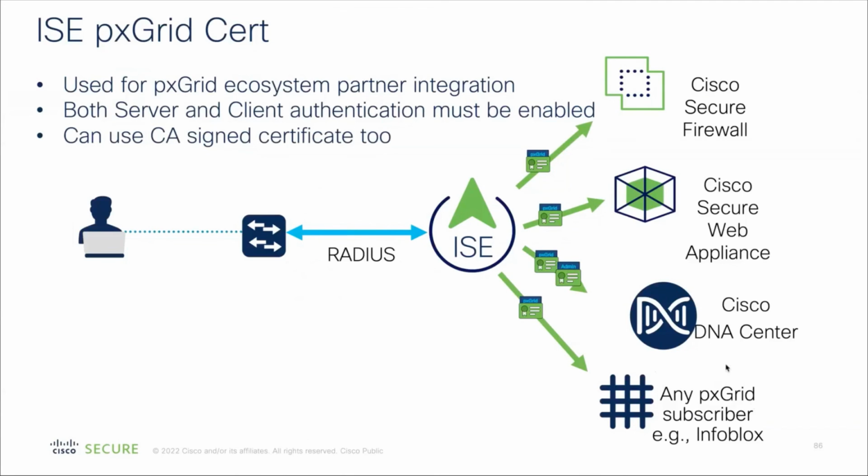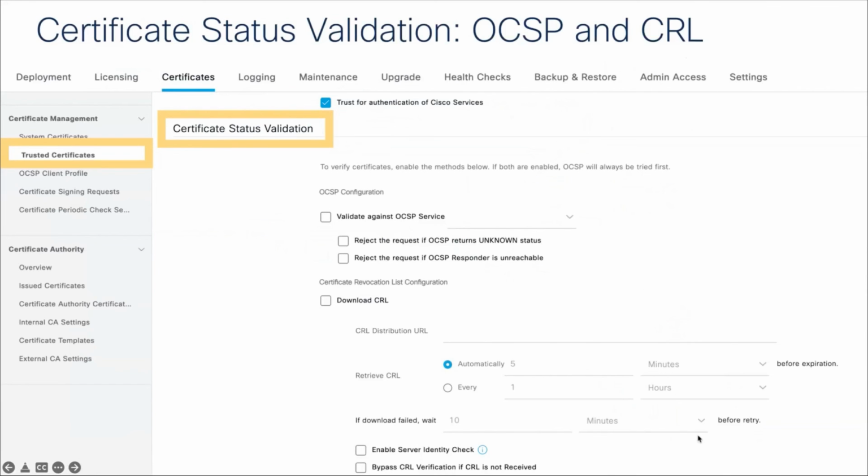The pxGrid certificate is going to be used for pxGrid ecosystem partner integration, especially when you're trying to integrate with firewalls, FTDs, WSA, DNA Center, or any pxGrid subscriber. We're going to be making use of this pxGrid certificate. You can make use of a certificate authority, such as a corporate CA, for these integration purposes also. So those are all three categories that we talked about in detail.